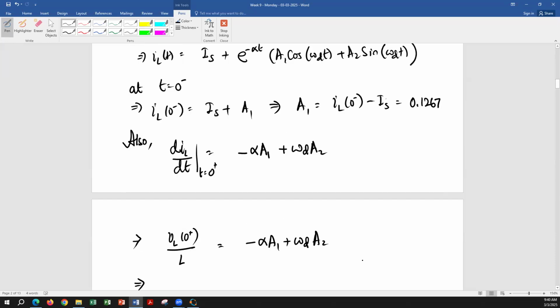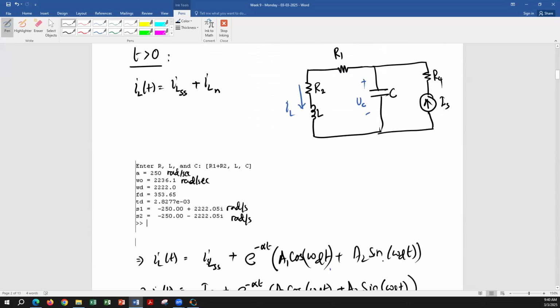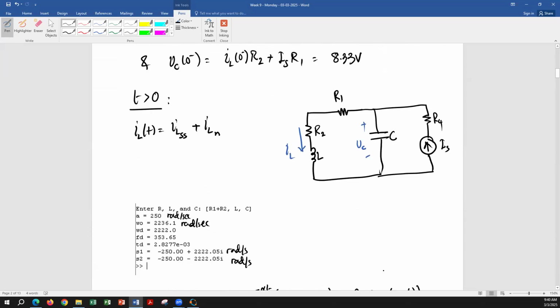Okay, now let's look at the circuit and decide how we're going to write down VL. This is VL. How should we write VL in this circuit?